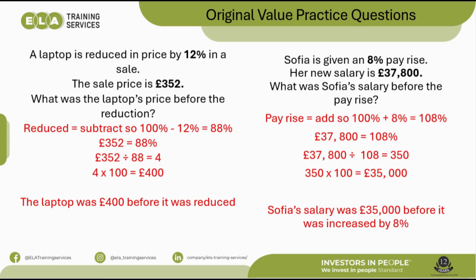Now we divide. £37,800 divided by 108 is equal to 350. Finally, we multiply. 350 multiplied by 100 equals £35,000. Our answer is then, Sophia's salary was £35,000 before it was increased by 8%.